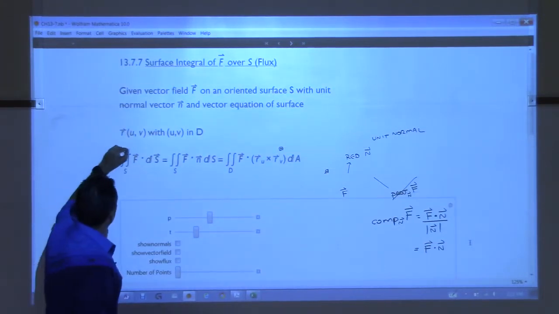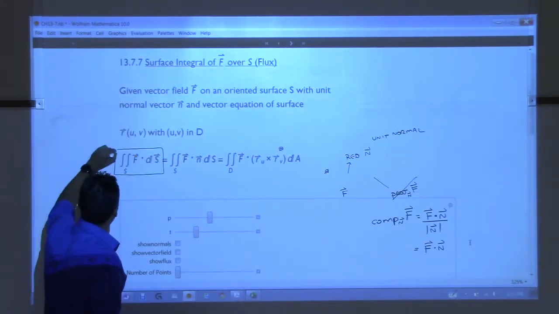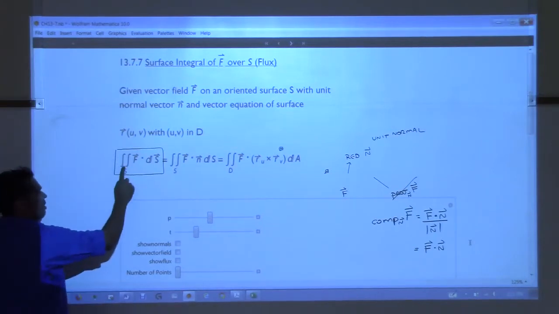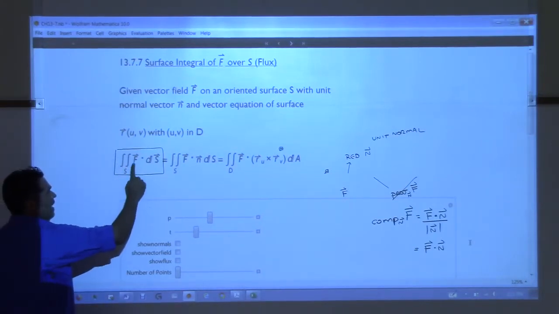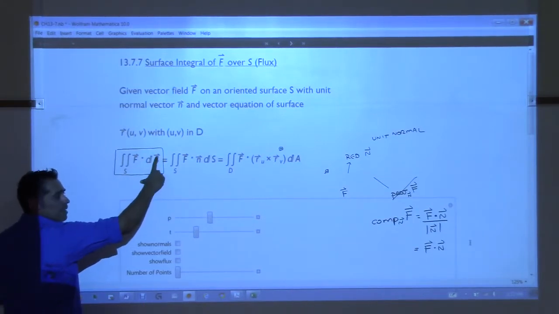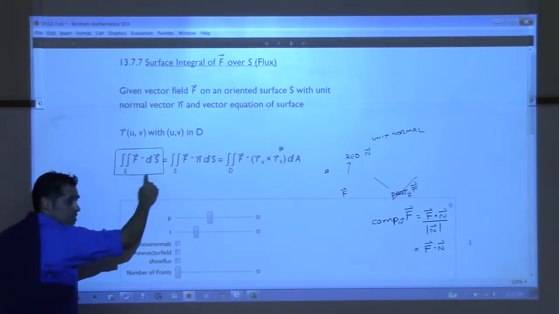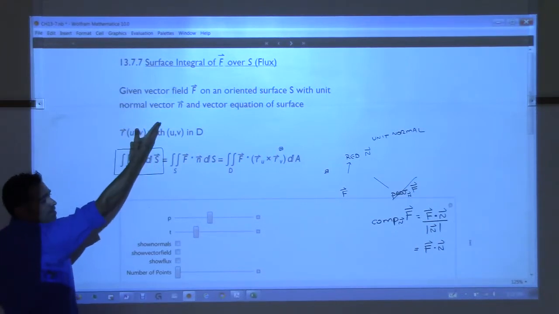First is the notation we use for flux, which is a double integral over the surface of F, the field, dotted with dS, capital S with a vector on it. So this is the notation we're going to use to represent this idea.